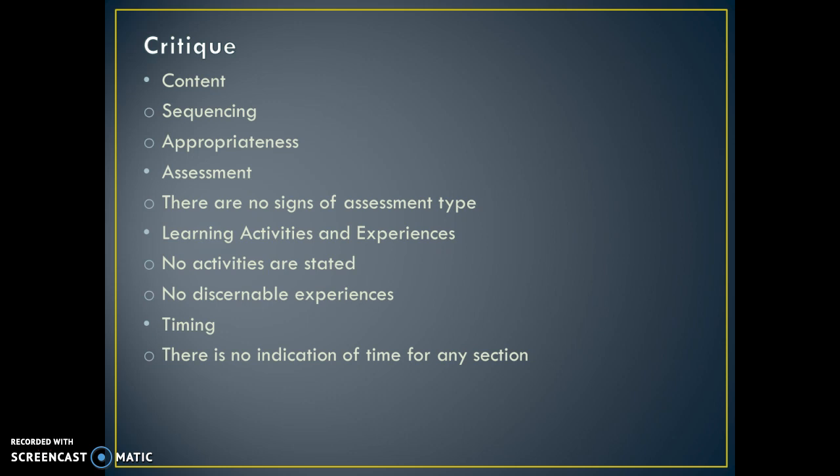So, to me, they should go back through and at least put some type of timeline in there so that someone new to the system can follow along and be on the same page as everyone else. So there's no way to actually determine the pacing that is going on through the unit map, and that would make it hard for anyone to follow other than maybe the person or persons who actually formed the curriculum map.